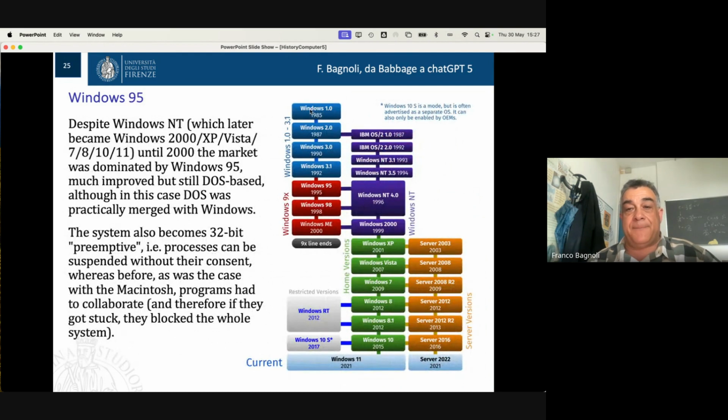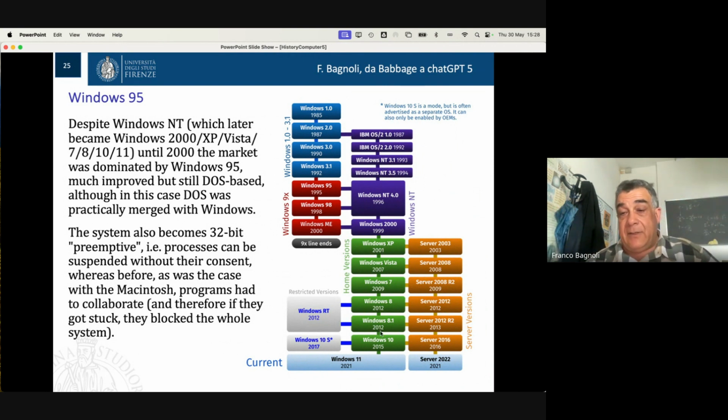You can see that they started with DOS, which continued with the old line of Windows. In the meanwhile, they collaborated with IBM on OS/2, but this was a dead end. Clearly, part of this was then ported to Windows NT, which is VMS.